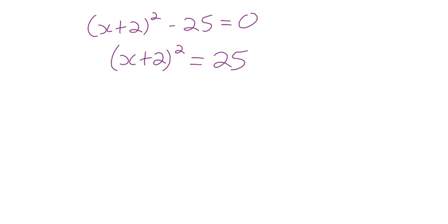Now what? Now we take the square root of both sides. What's the square root of x plus 2 quantity squared? Just x plus 2. What's the square root of 25? No, already. Jeez, how many times have I gone over this? Okay, what's x?